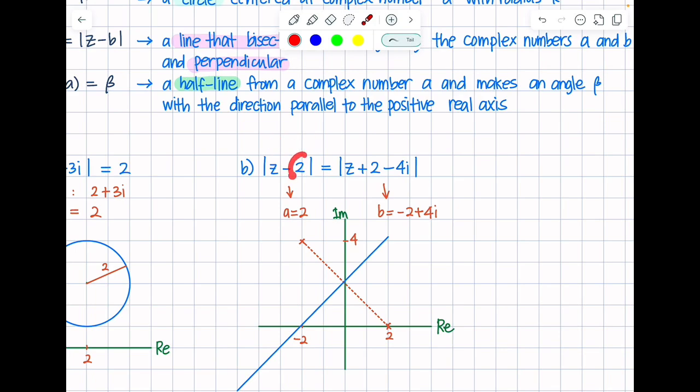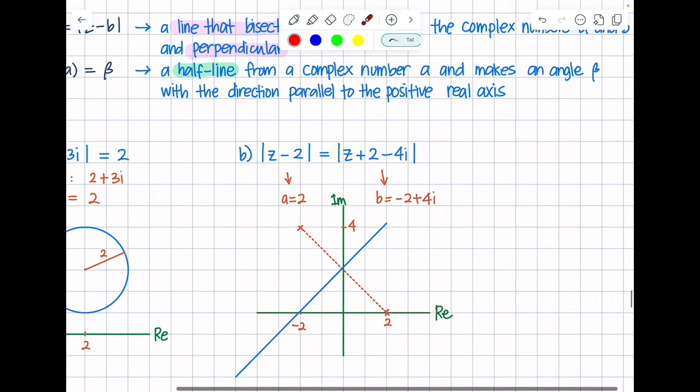So from the left hand side, this is the point, and then this is minus negative 2 plus 4i for the second point. So the perpendicular bisector from this point is the blue line. So the interpretation is z is any point that lies on this line.